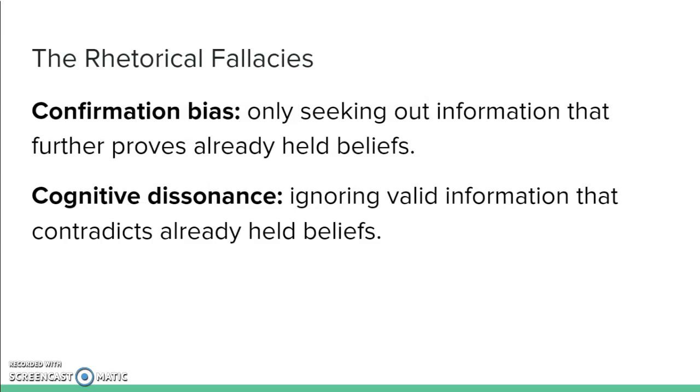So cognitive dissonance would be, say there's maybe a celebrity that you admire, and you admire them because you think they're a really good moral person. And then they get caught doing something really immoral. And so what you end up doing is you say, okay, I'm either going to ignore that, or I'm going to say, well, they were lying.